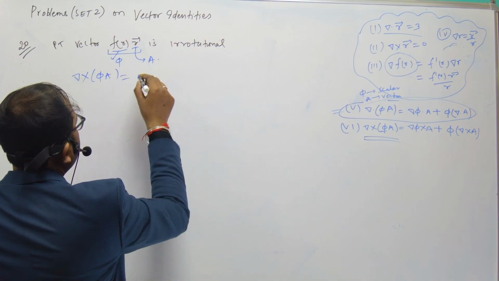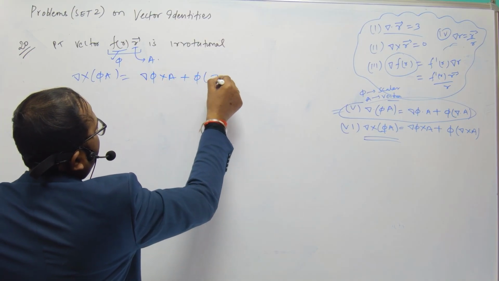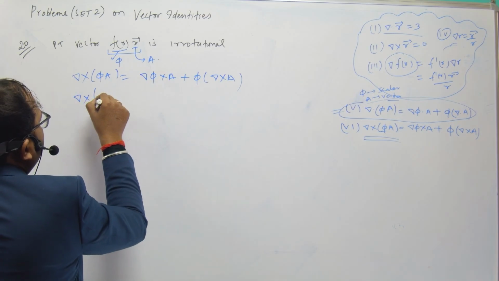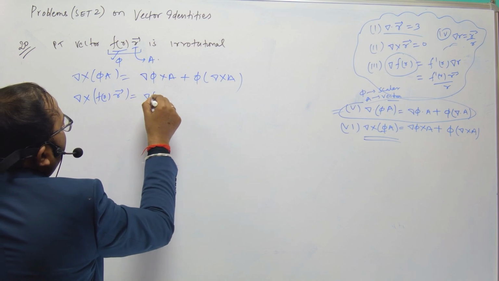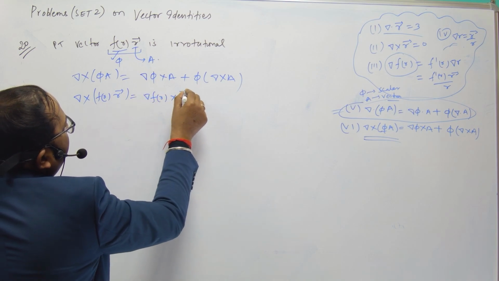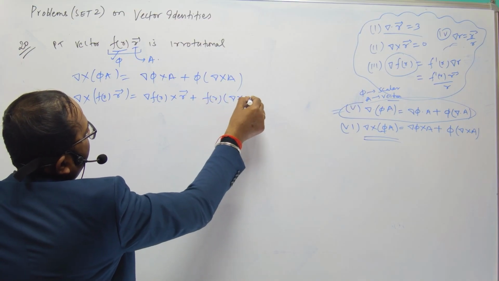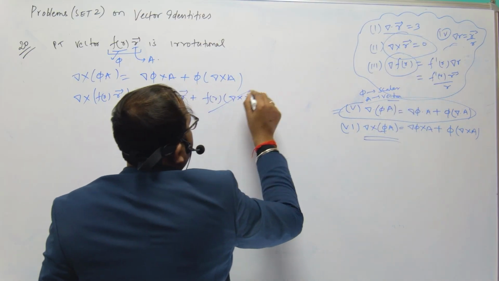As simple as that. This is equal to del phi cross a plus phi times del cross a. We have phi as f(r) and a as r vector, equal to del of f(r) cross r vector plus f(r) times del cross r. Del cross r vector is straight away 0.